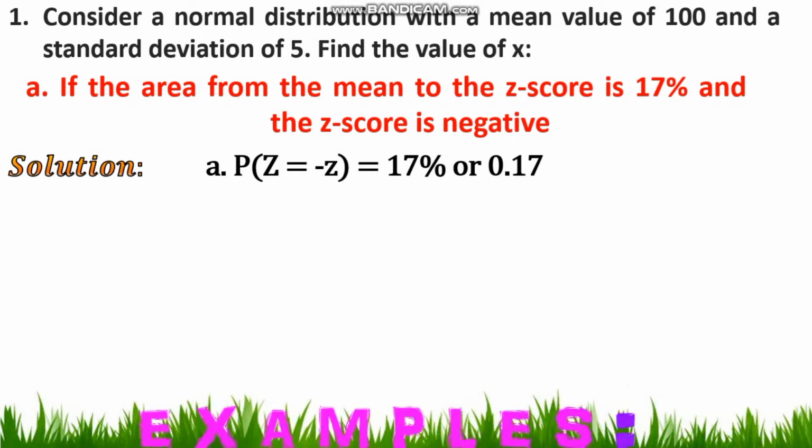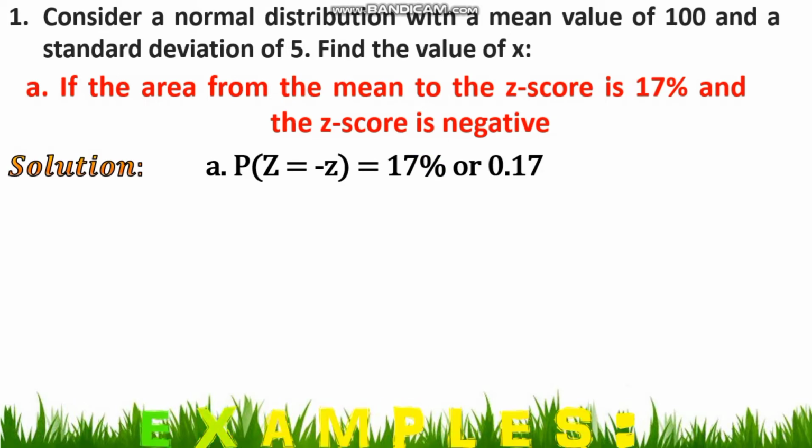To solve that one, we have here our solution. Our given here is the probability or the area of z, which is given that the z-score is negative, so it is equal to negative z. We do not know yet the z-score. That is equal to 17%. Yan lang alam natin. Ang area daw ng z-score na yan is 17%.